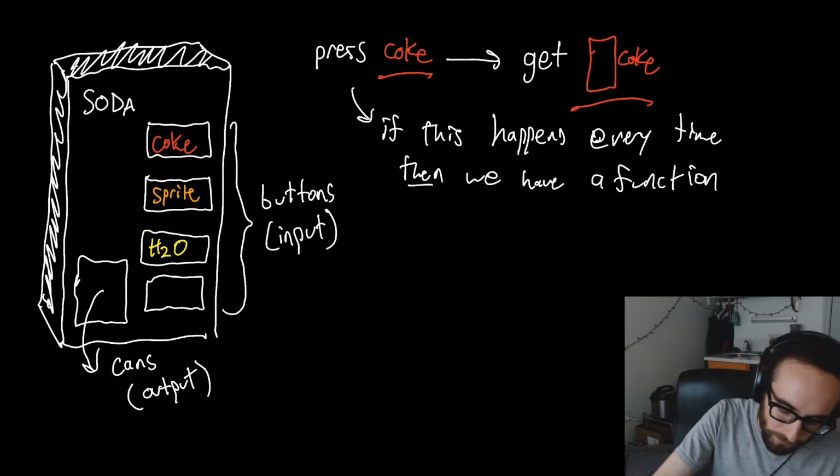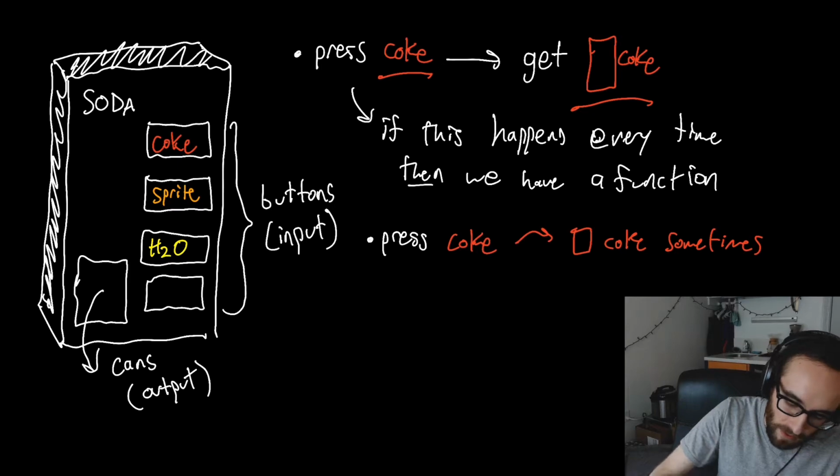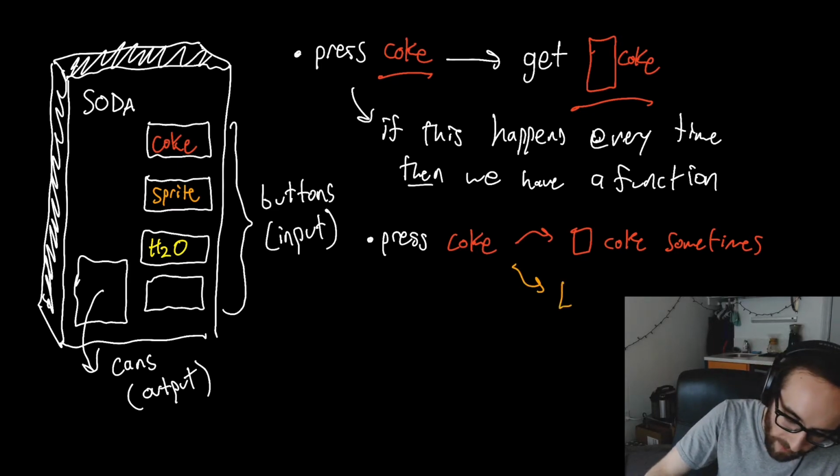If we press, for example, a Coke button, and maybe sometimes we'll get a Coke can, but also sometimes, maybe it's a little bit mixed up, we get a Sprite can.